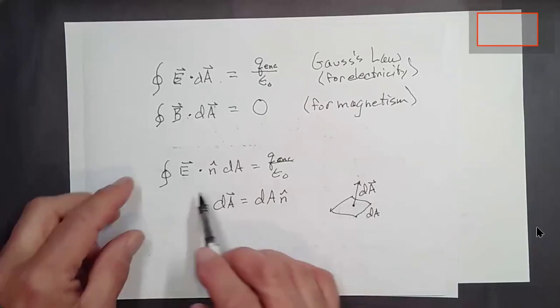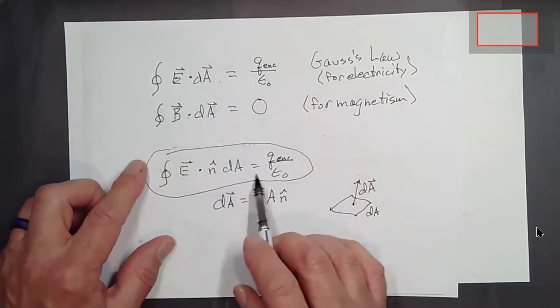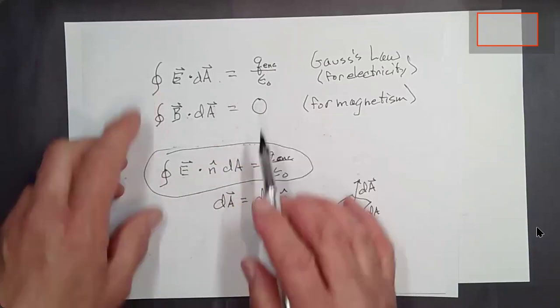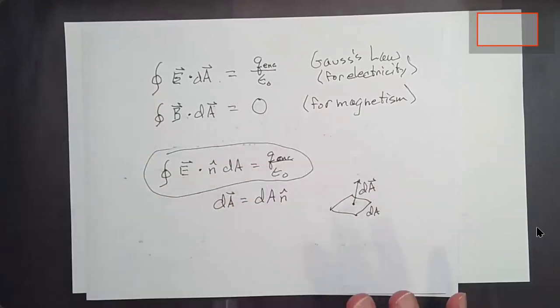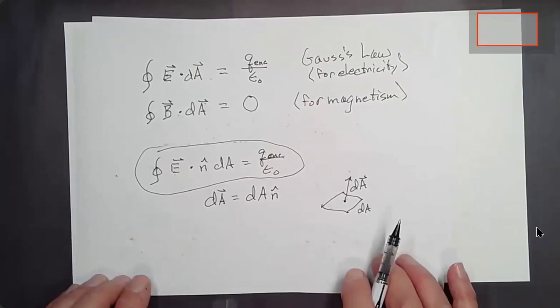And sometimes I write it this way just because the book that I learned it out of wrote it that way. And I can't remember if your book does it this way or that way, but it means exactly the same thing. And that is Gauss's law for electricity.